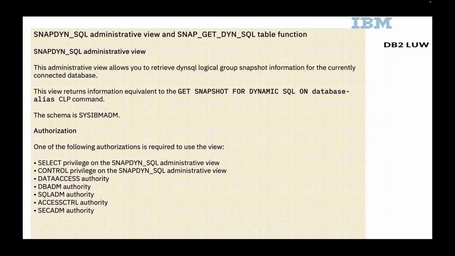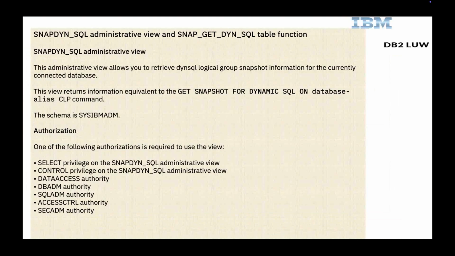Next, one more important view and function is the SNAPDYN_SQL administrative view and the SNAP_GET_DYN_SQL table function. This will concentrate on the dynamic SQL part here. See, the third statement will give us an analogy. Whatever information we are getting from this view is equivalent to the GET SNAPSHOT FOR DYNAMIC SQL ON database command.